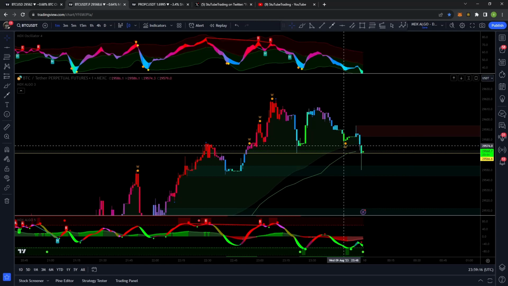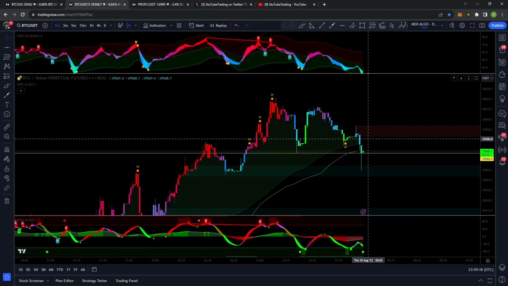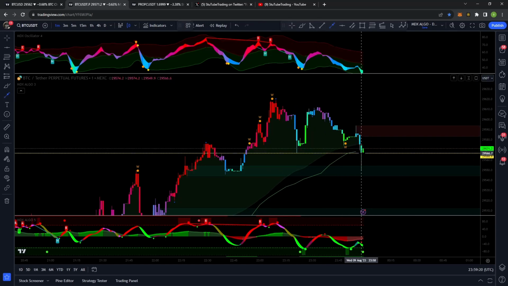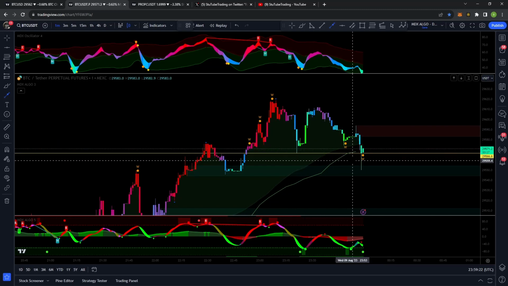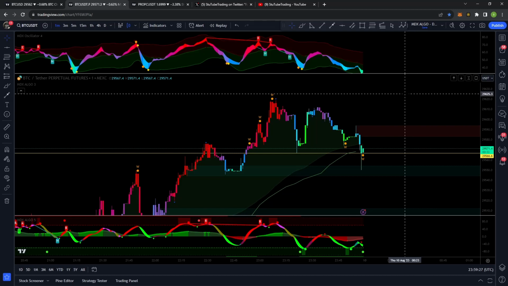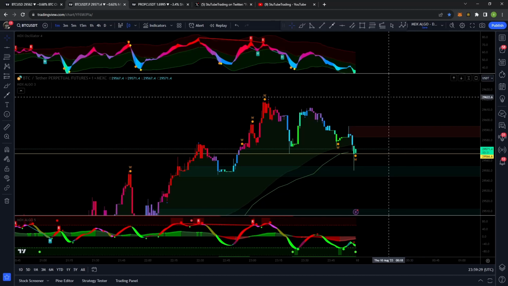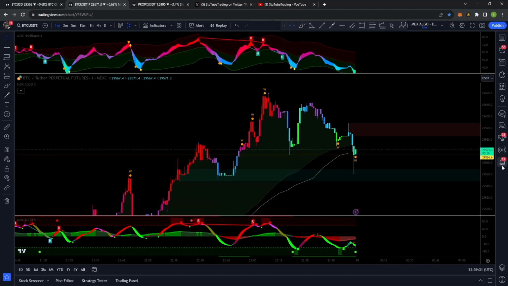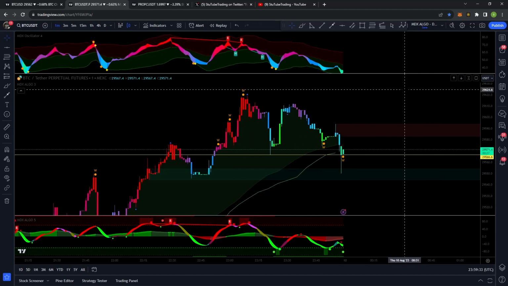Now, since we did break down below this W, I'd be interested to see if we start seeing some lower trending Ws. Like this, for example. We have to wait until that candle closes.